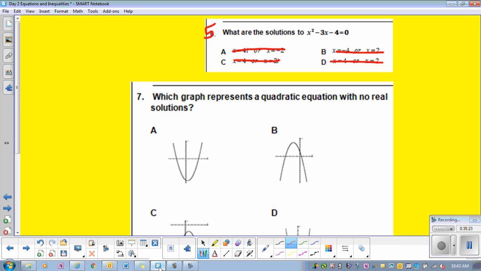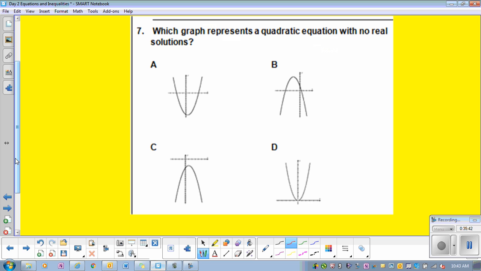So number 5, which one of those works? A, B, C, or D? B. X equals -1 or X equals 4. Alright, sorry about that. I don't know what happened with 5 and 6.